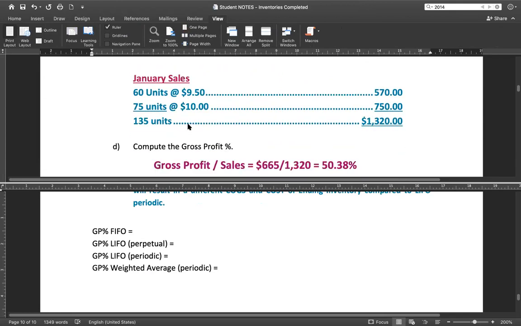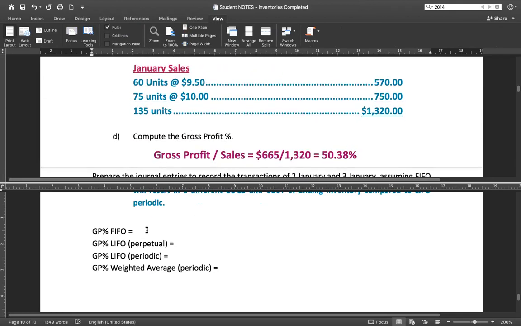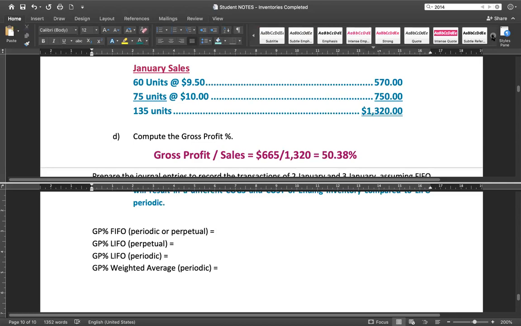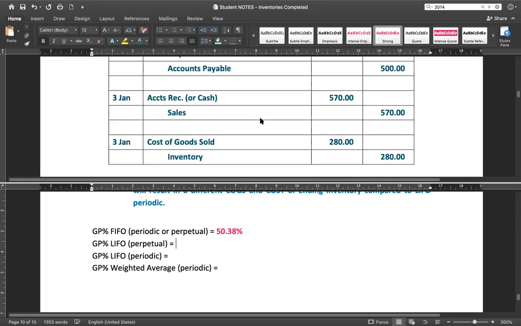And note that the gross profit percent was, well, this is FIFO, and let me add here, this is periodic or perpetual, because as I said before, they are exactly the same. All right, so this was 50.38%.